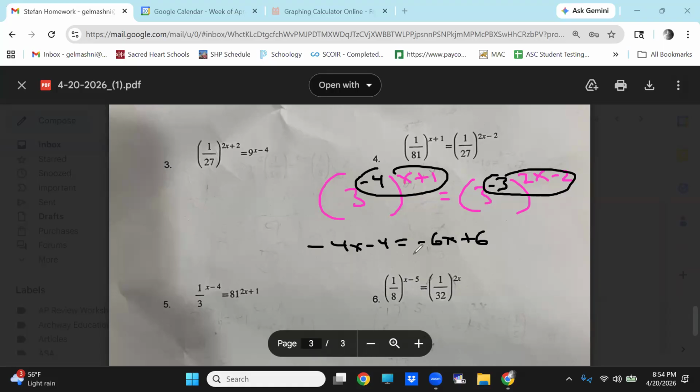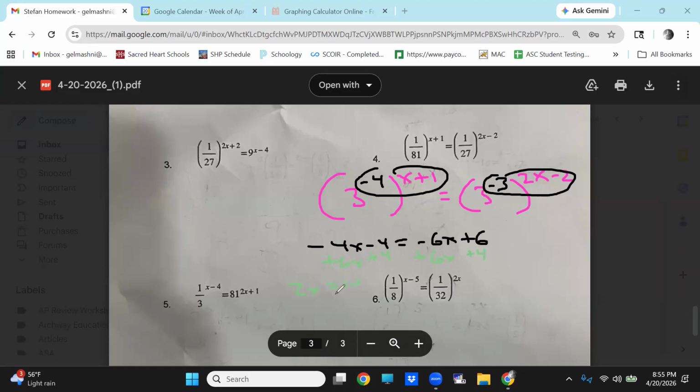It's -1. Nope, wait. Add 6x to both sides, add 4 to both sides. Oh, I completed that wrong. Oh my gosh. Yep, 6x, so it's positive 2, and then plus 4 and plus 4, and that's 10.